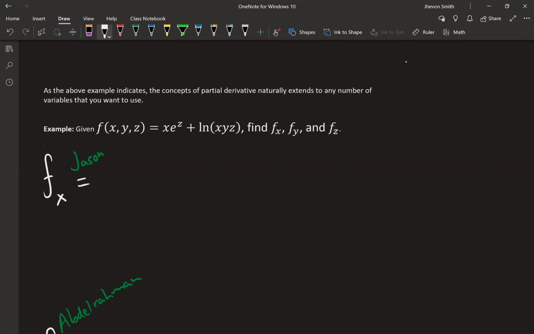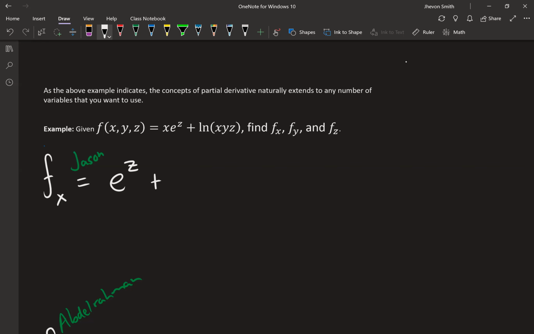So if we take the derivative with respect to x, it would be e to the z, plus, do you see this ln of xyz? You might think that, oh, it's complicated, but you're going to have to take the derivative just with respect to x, but leave the y and z alone, unless there's a constant, either you add or subtract.